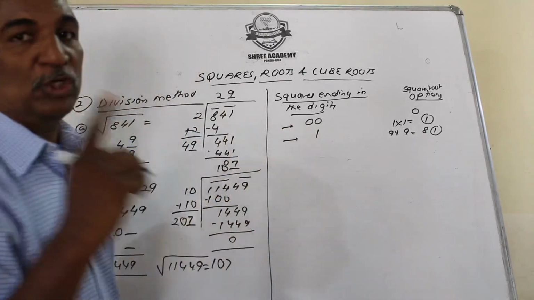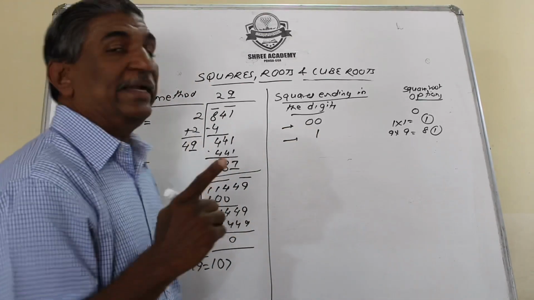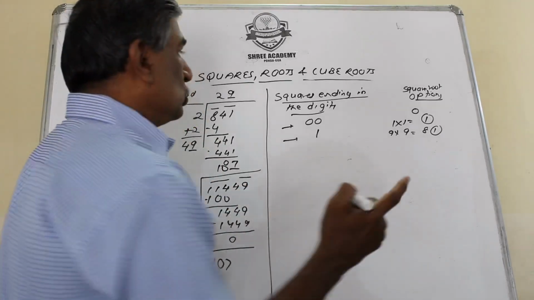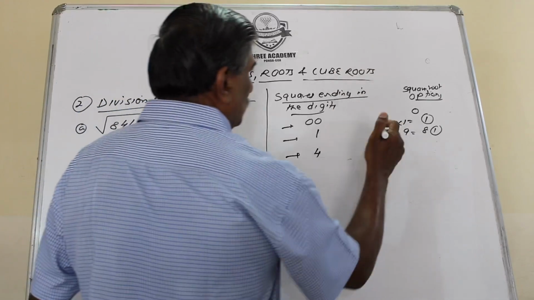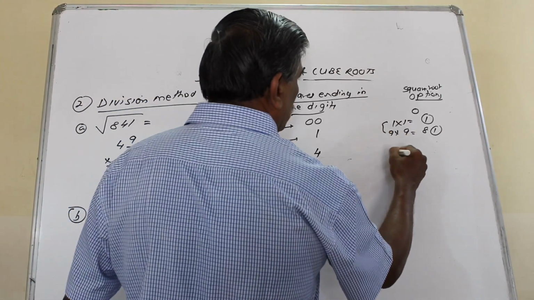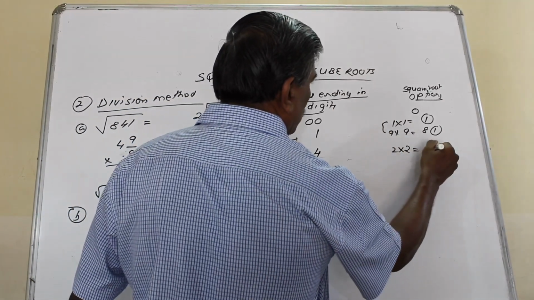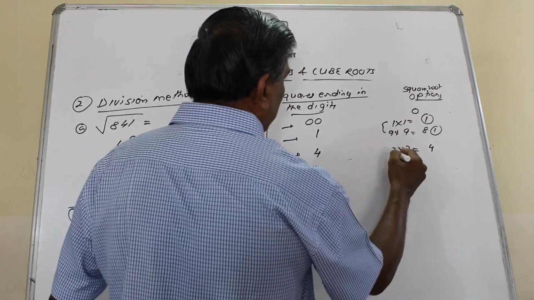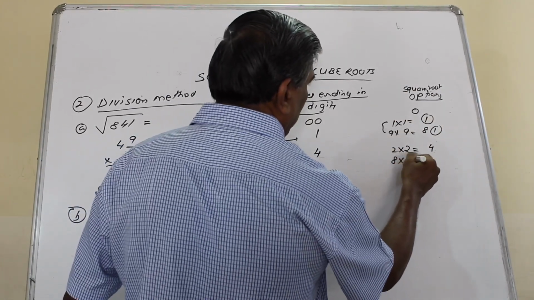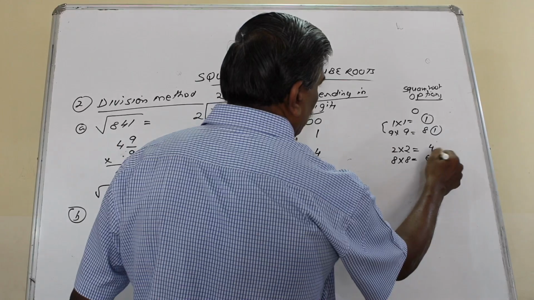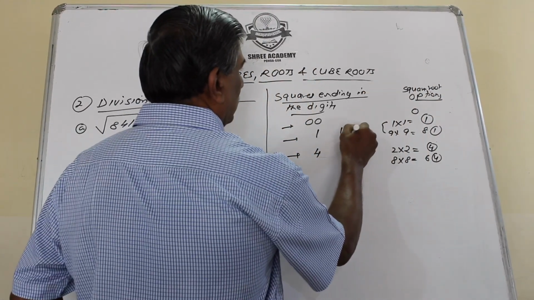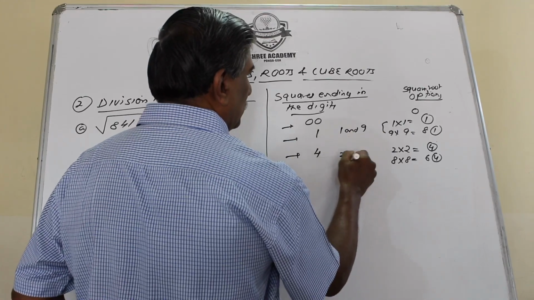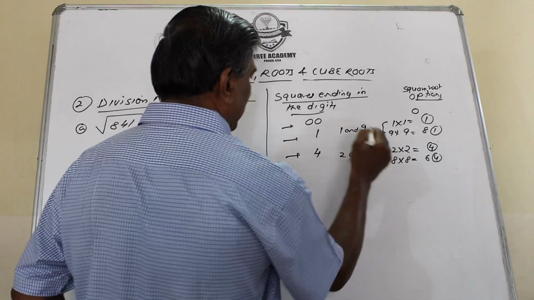Now remember, a perfect square will never end in 2 and 3. So my next option is 4. Which options do I have here? My first option is 2 into 2 means 4, and my next option is 8 into 8 means 64. So here my options are 1 and 9, here my options are 2 and 8.